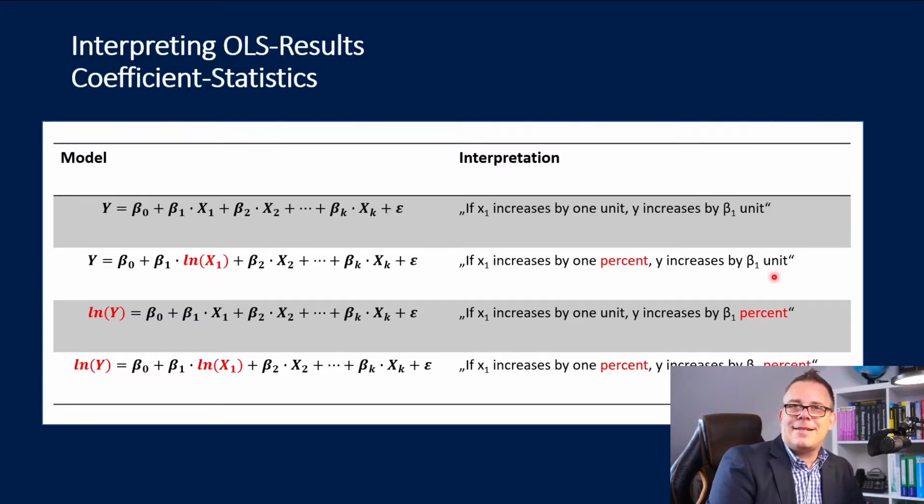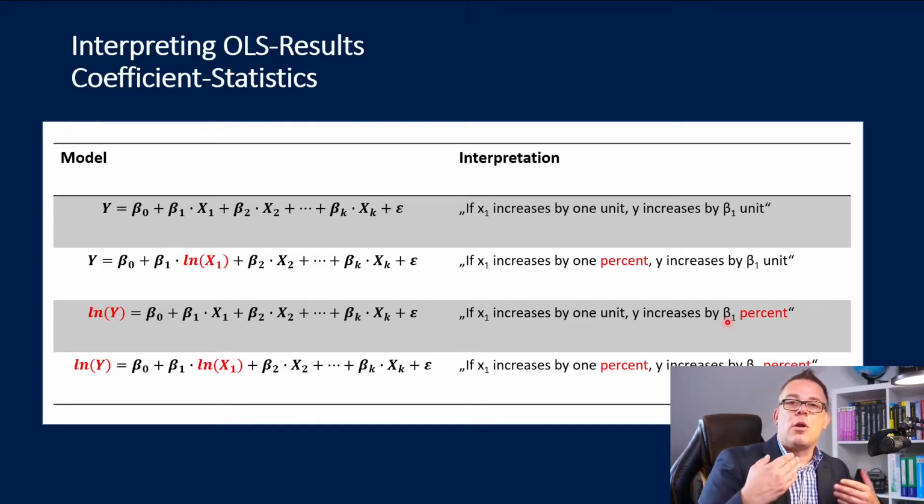And that's nice, isn't it? As soon as we log transform the x, it's not unit anymore, but percent. The same is true if we logarithmize the epsilon. Then we could interpret: if x1 increases by 1 unit, epsilon increases by beta 1%.